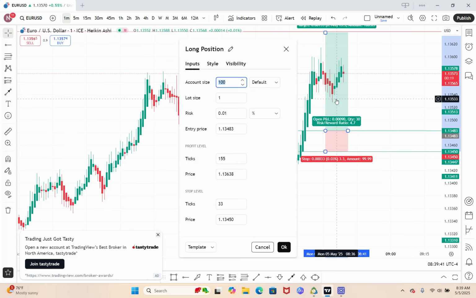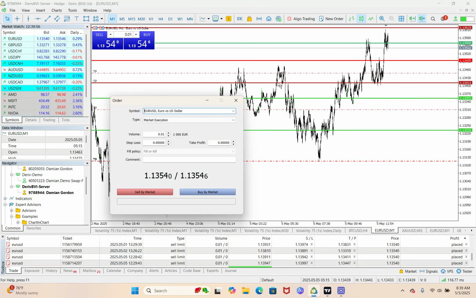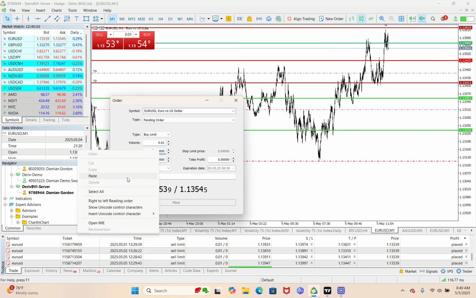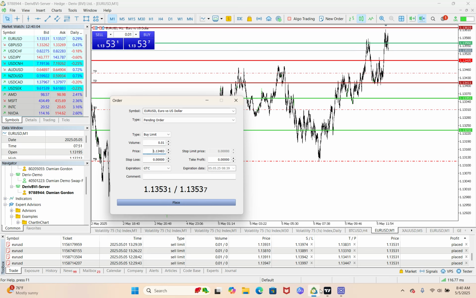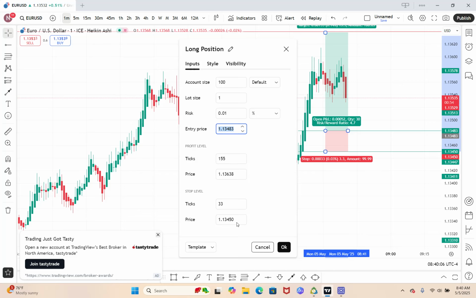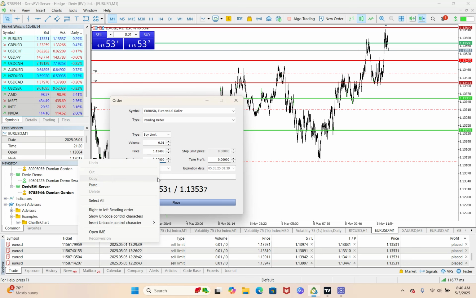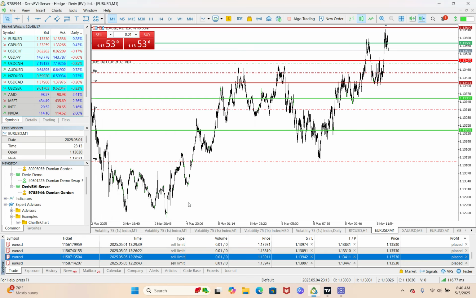About 1 to 3 or a bit over, 1 to 4. Here, risking 33 pip to make $1.55. Copy. Buy limit, new order. Buy limit, place, stop. The market is coming down fast, so copy. Yes, okay.